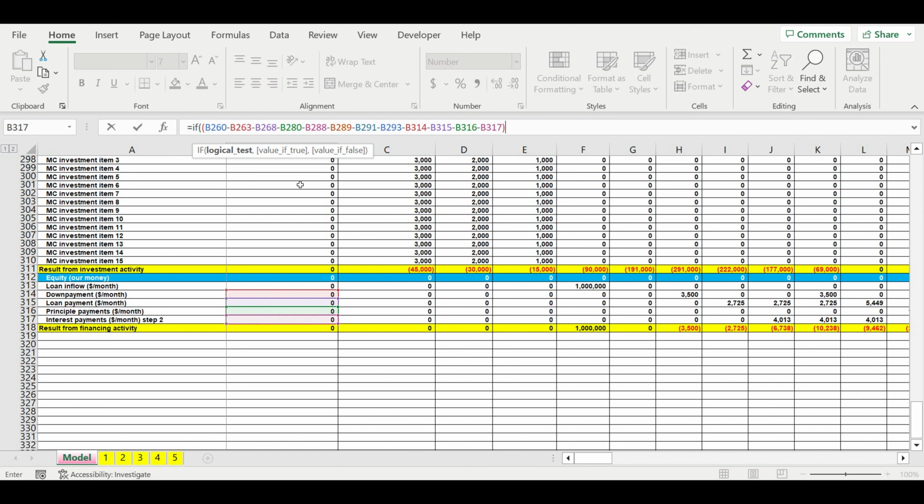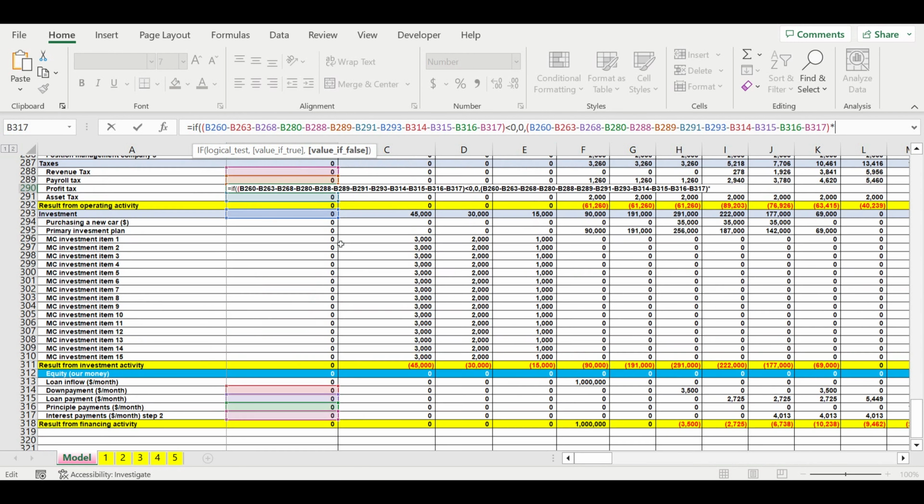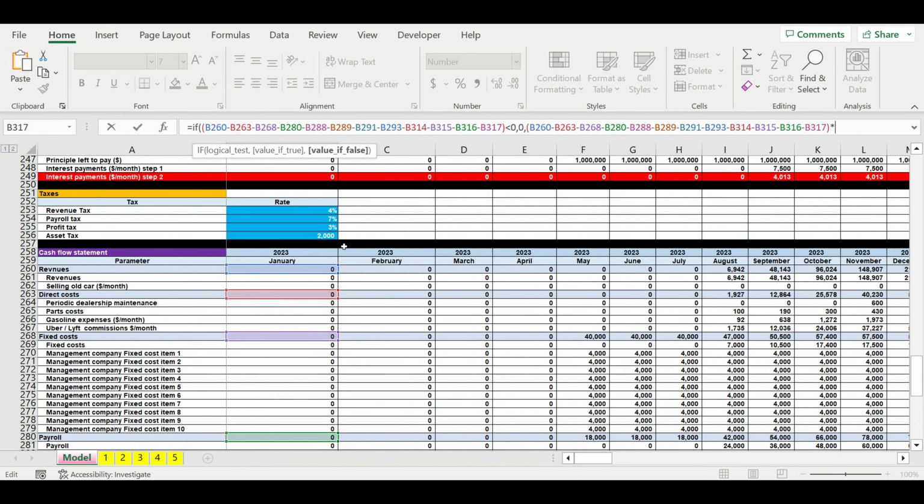If this value is less than 0, we will put 0, otherwise we will take this tax base and multiply it on the tax rate, profit tax rate, and then we will close the bracket.